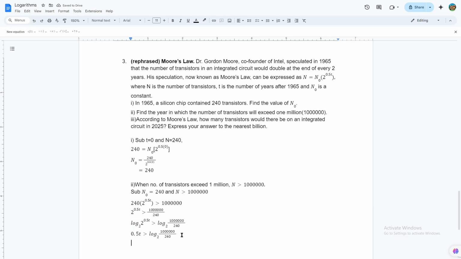So we have to convert the base of the log to be either base 10 or base e, because in our default calculator, log is by default base 10 and ln is by default base e. So 0.5t is greater than log base 10 of this fraction over log of 2.